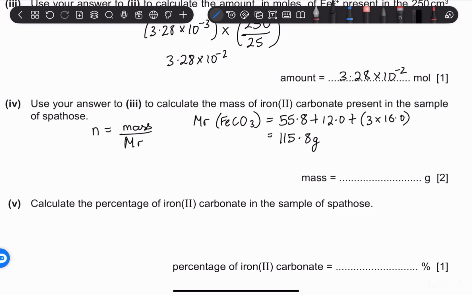Now we are going to calculate the mass. When you rearrange this formula, the mass is the moles times the molar mass.